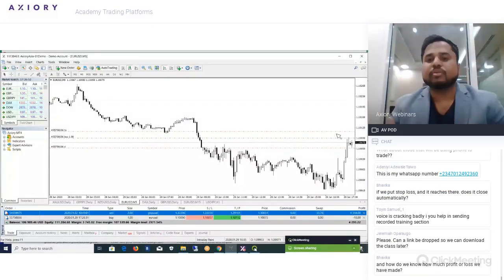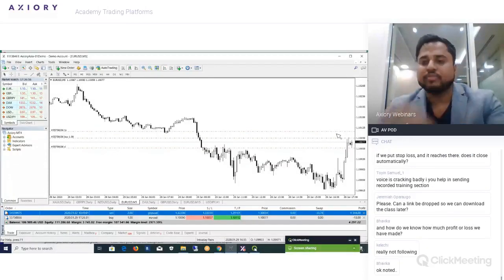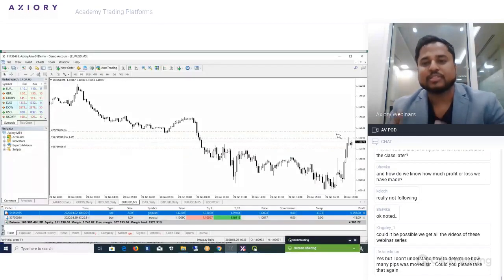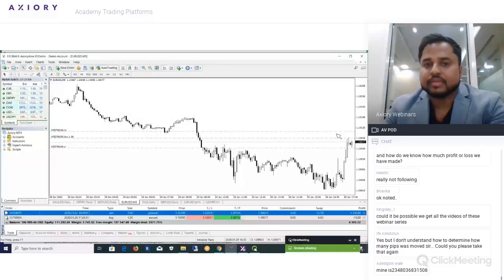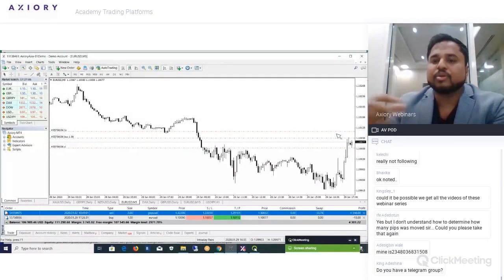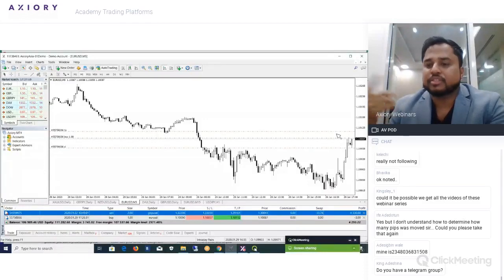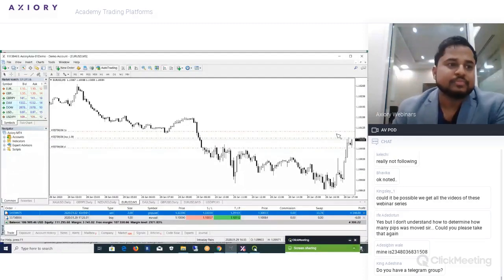So you can walk around, you can go to office, you can go outside by keeping a stop loss and take profit. But most of the beginners won't keep a stop loss. That is why most of the people lose money, because we book small profits very fast and we don't book the stop loss. So that is why people lose money in trading, especially in forex trading.